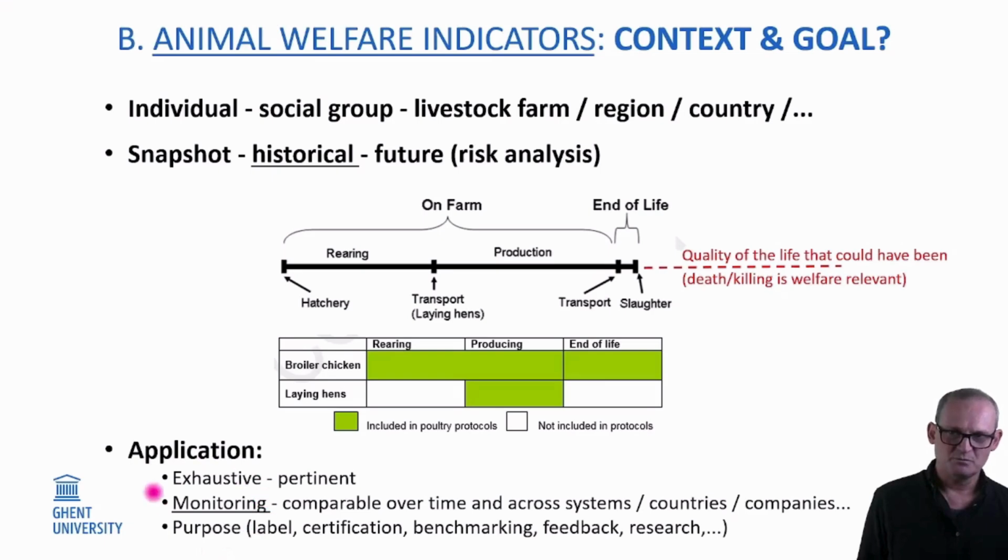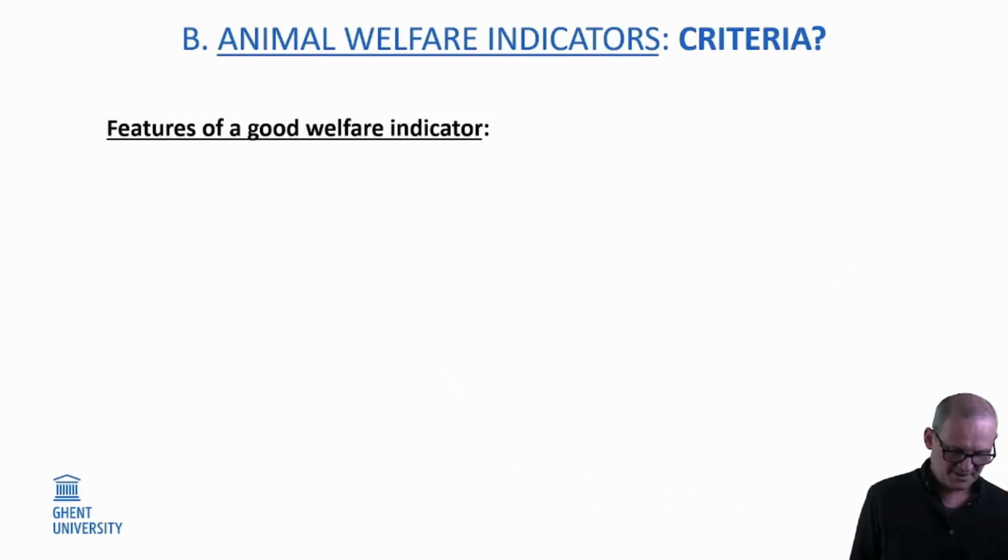Is the idea to do monitoring, where, for example, you compare a historic assessment with an assessment later on in the date? Do you want to be able to compare systems, countries, companies? What's the purpose of the assessment?